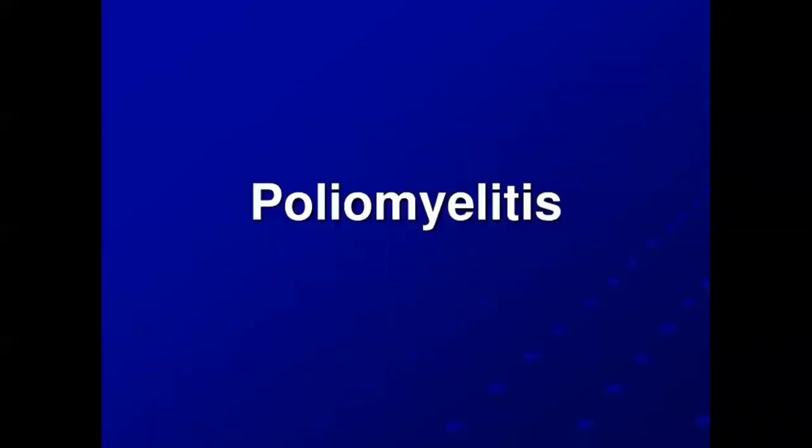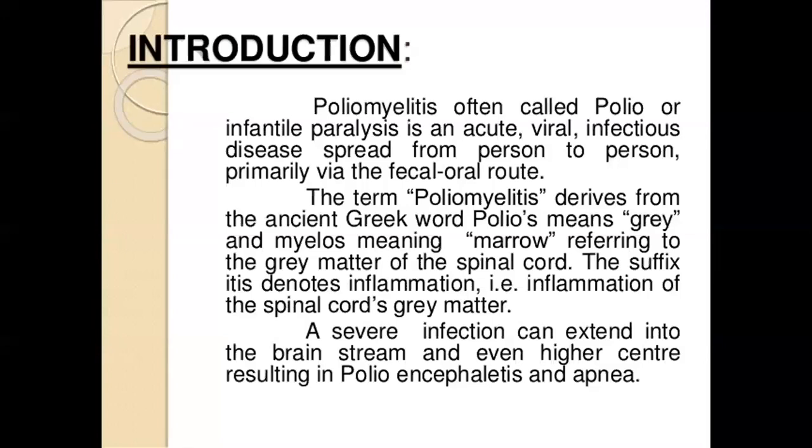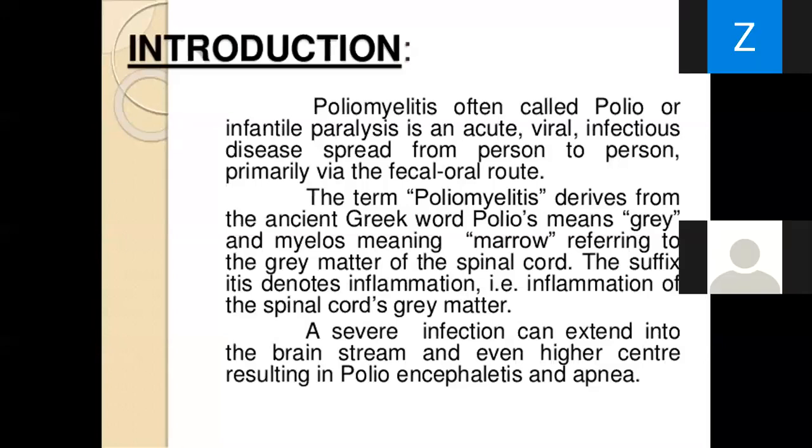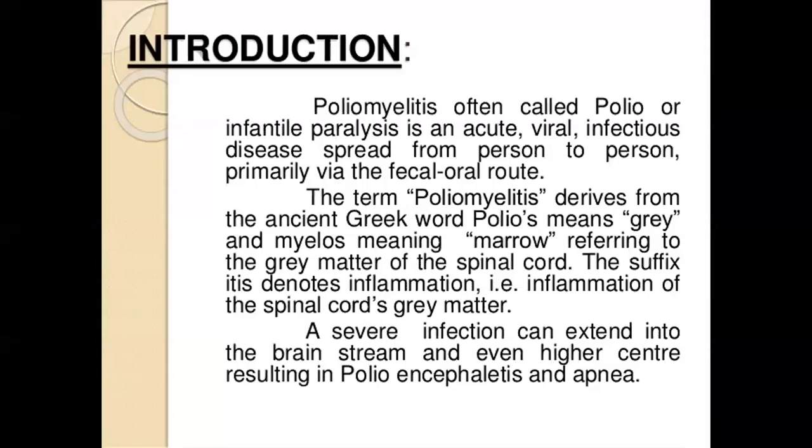Now comes poliomyelitis, very much common, not yet eradicated from our country. Poliomyelitis, often called polio or infantile paralysis, an acute viral infectious disease, is spread from person to person primarily via the oral-fecal route. The term poliomyelitis derives from ancient Greek.